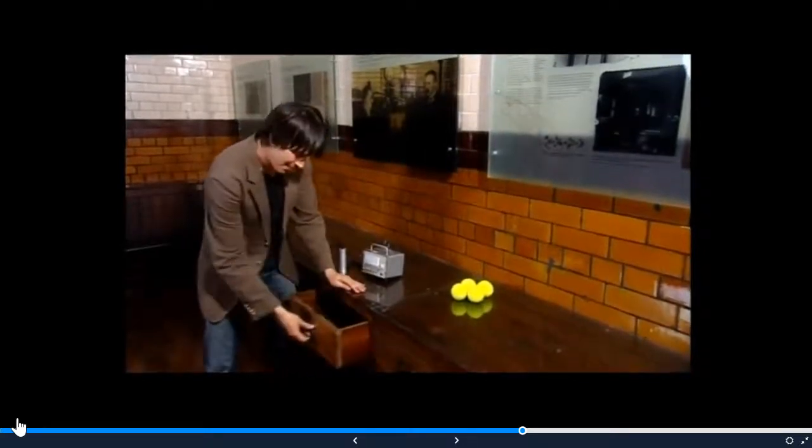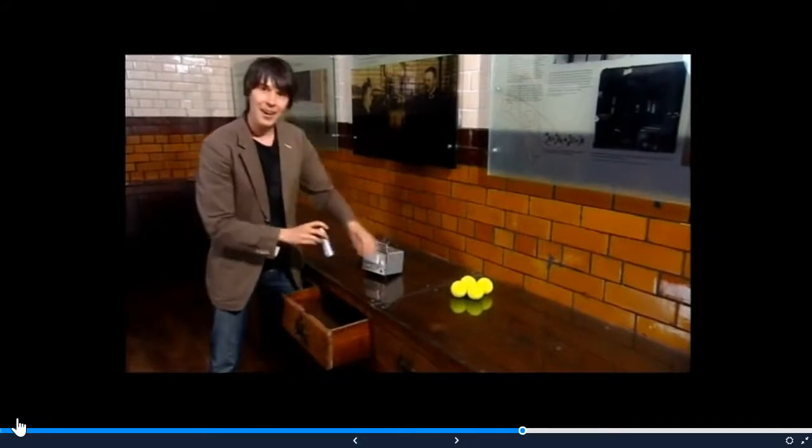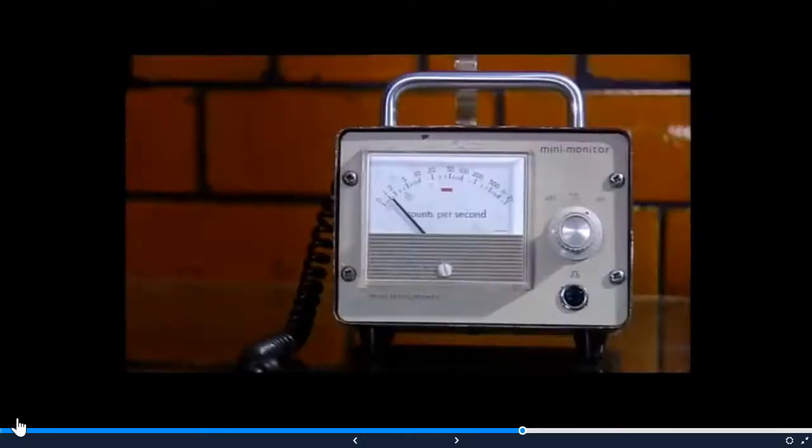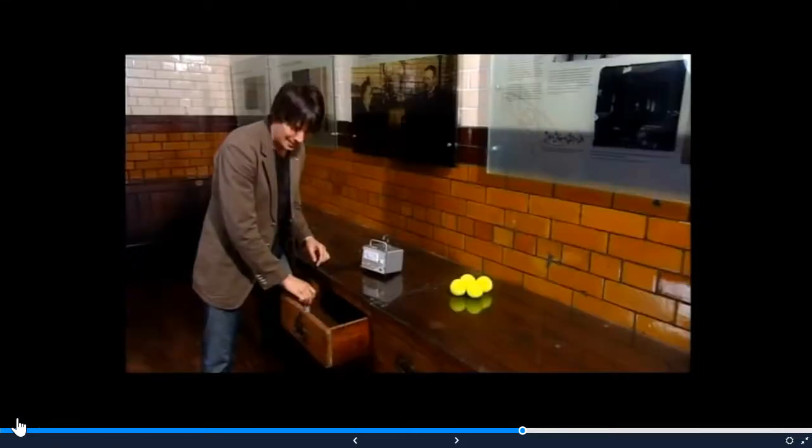Now, of course, in Rutherford's day, there was no such thing as a particle accelerator, so he used the decay of radioactive elements to produce his beams of particles. This is Rutherford's original desk. And in fact, if you hunt around a little bit, you can detect traces of radioactivity 100 years later.